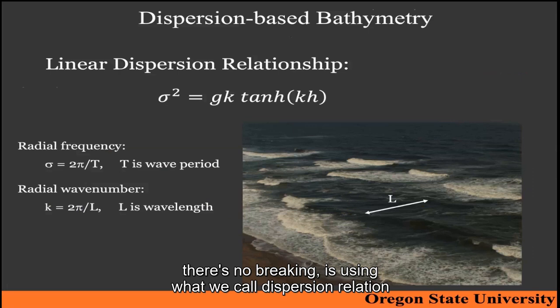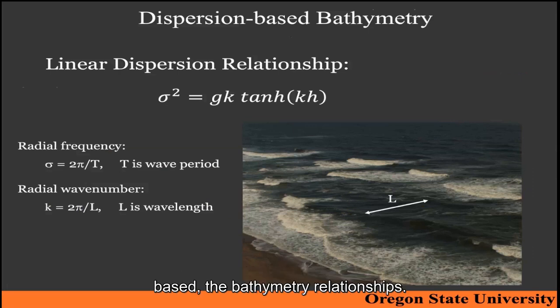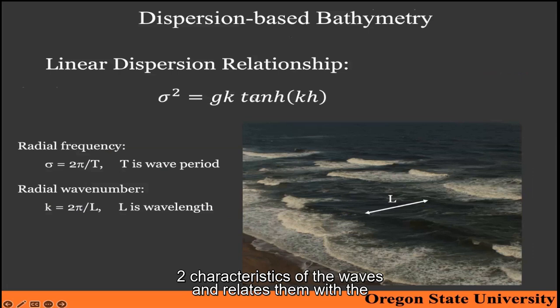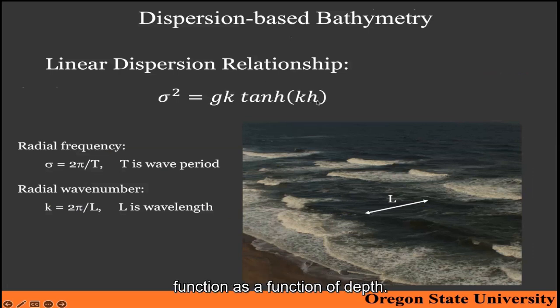was using what we call dispersion based bathymetry relationships. This is the linear dispersion relation given here, and it takes two characteristics of the waves and relates them as a function of depth. So here's a picture of waves.